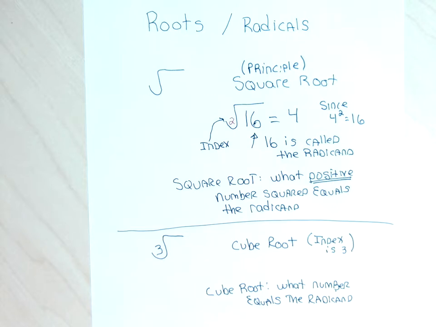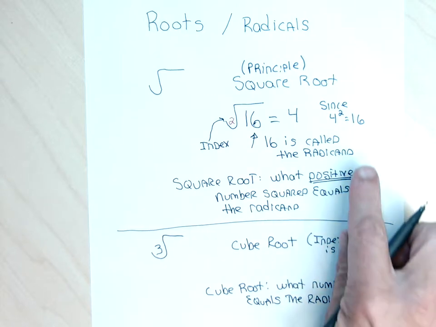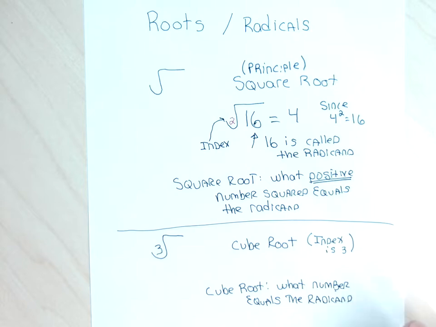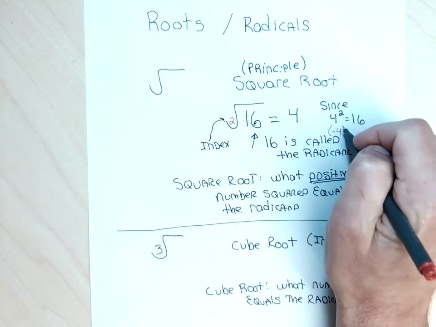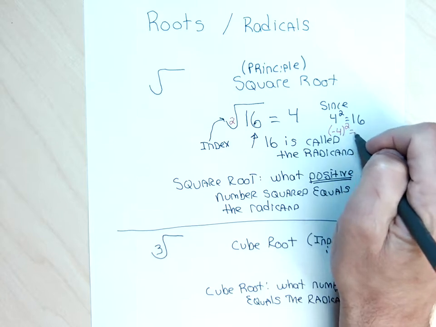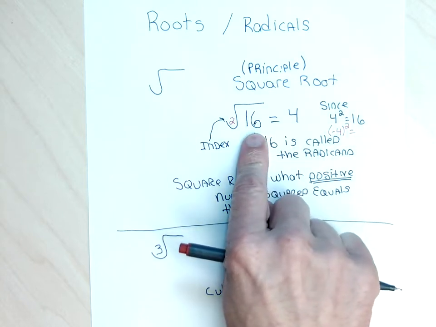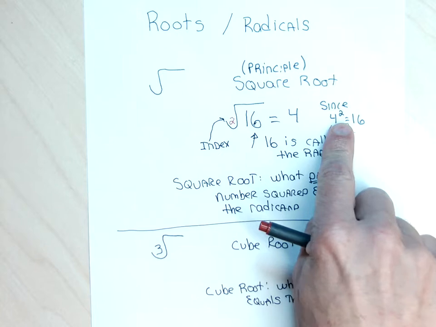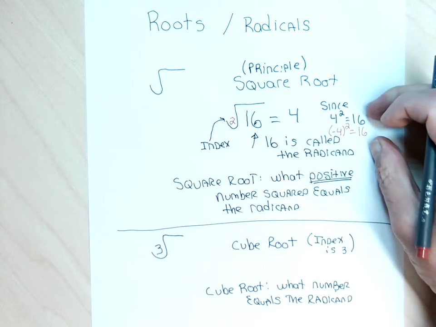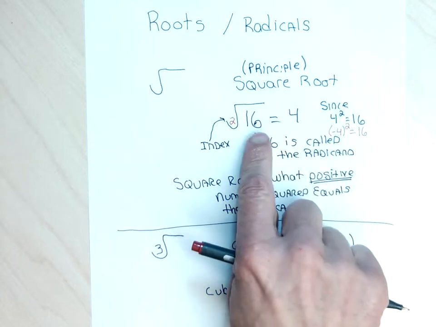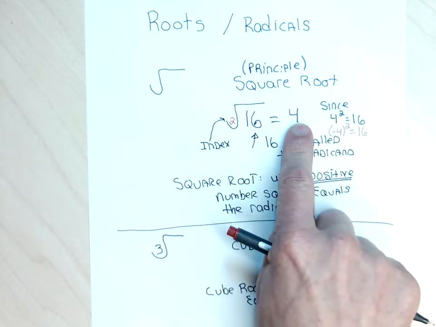The reason in square roots we make a big deal that this needs to be a positive answer is because there are two numbers that generally can be squared to equal the radicand. The positive and negative versions of the numbers, both, if you square them, equal the radicand. And because there's two different numbers that when you square them equal the radicand, we pick the positive.